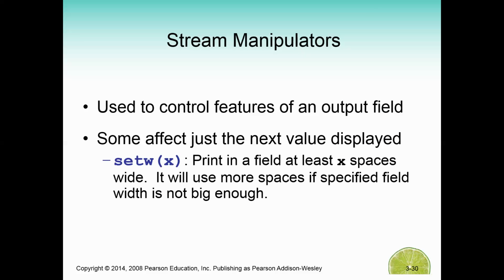Okay, so first, to control stream manipulations, we use the setw so that we can set up how large that field is going to be. And remember, this refers to the output. So I can say, okay, I'm going to set up 2 fields. One is going to be setw, and is going to be 10 characters.